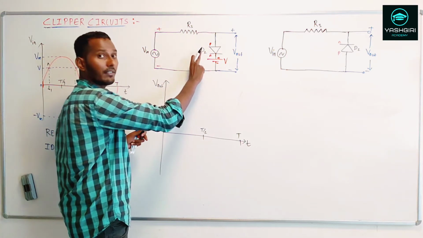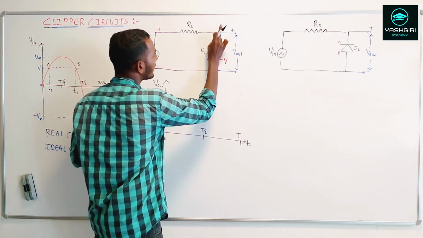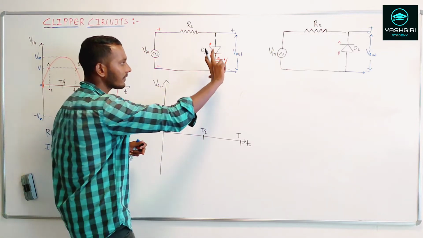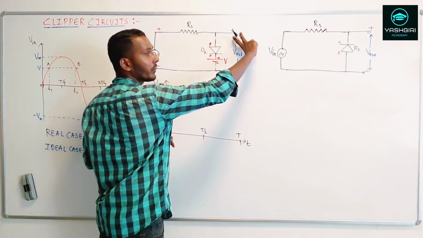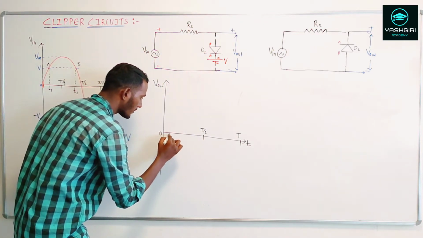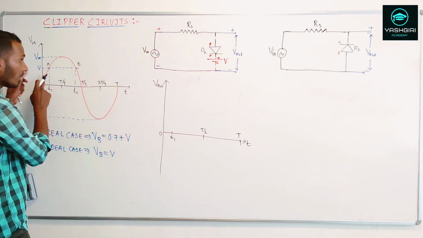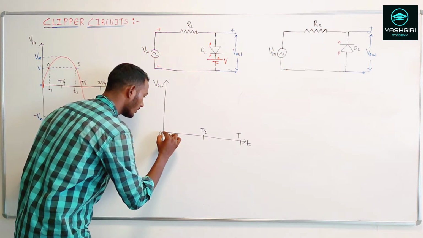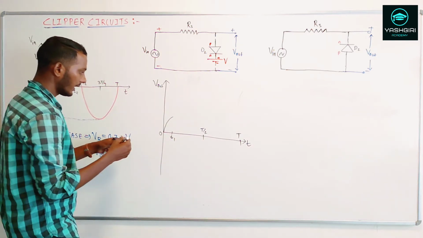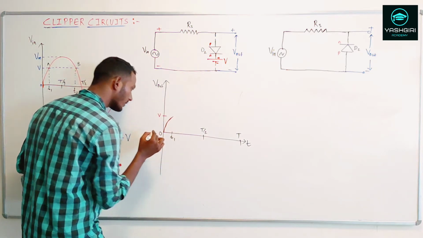So diode D1 will be in the off state, and this part will act like an open circuit. When it is an open circuit, the output we measure will be the same as the input. From 0 to T1, the output follows the input, because diode D1 is reverse biased, until the voltage V is available at this side.